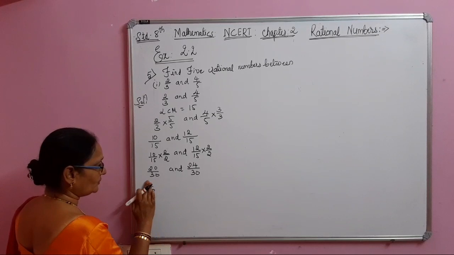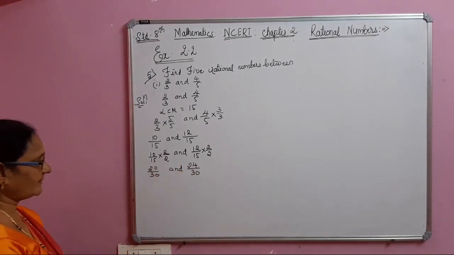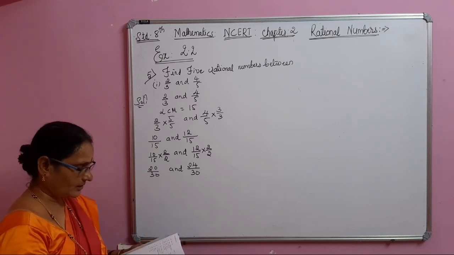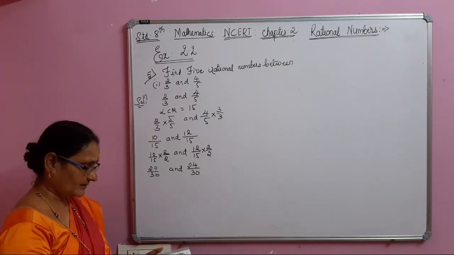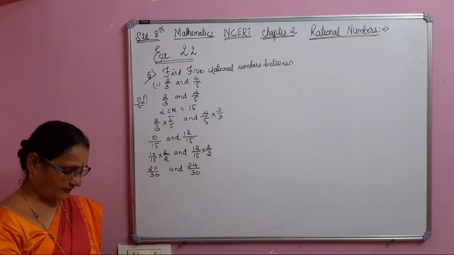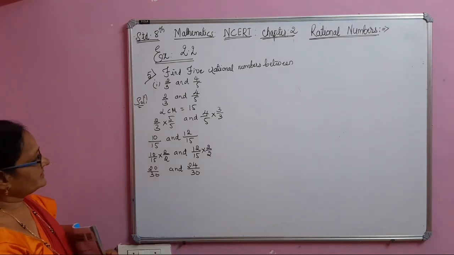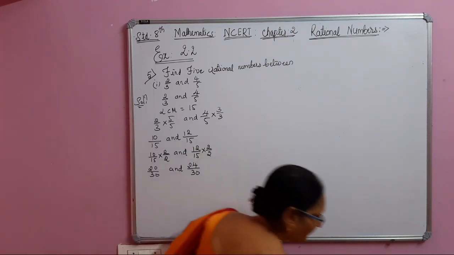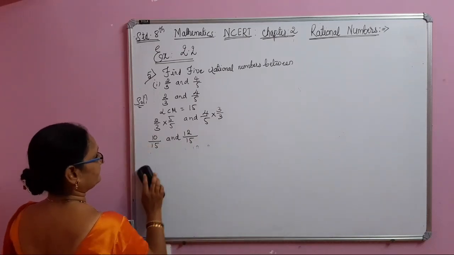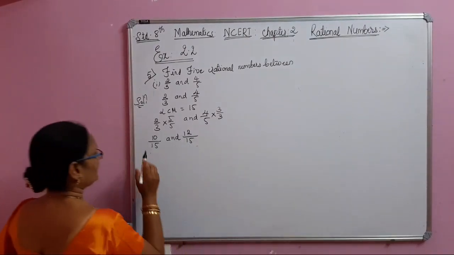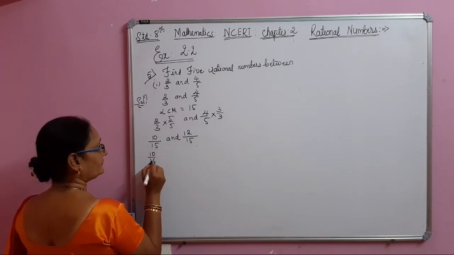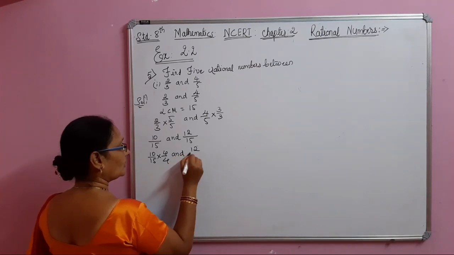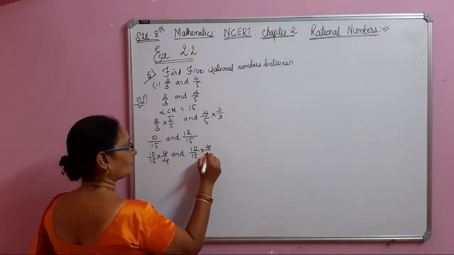Then again what do we have to do here? Again we multiply by 2, or at a time we can multiply both by another bigger number. Here better we can multiply by 4 by 4 directly: 10 by 15 into 4 by 4 and 12 by 15 into 4 by 4.